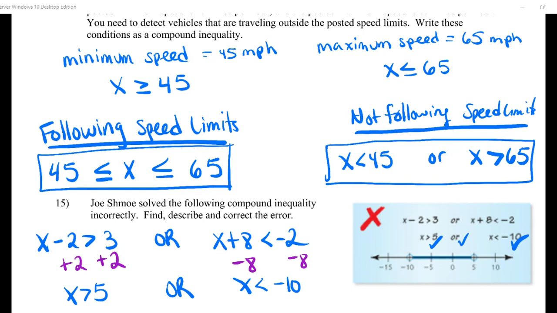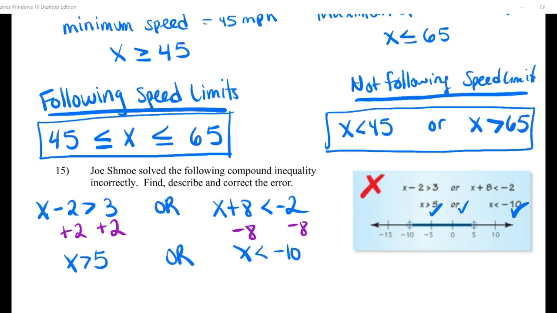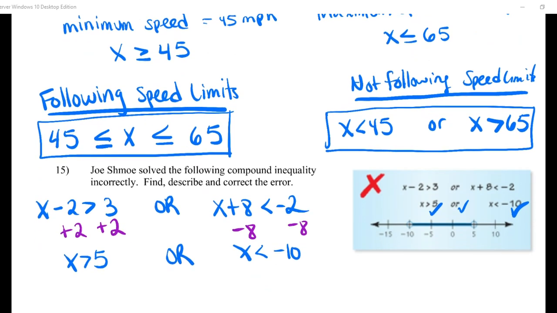It looks like his error is that he graphed it as if it were an and inequality and not an or inequality. The or graph, x is less than -10, would have been shaded to the left, and x is greater than 5 would have been shaded to the right.